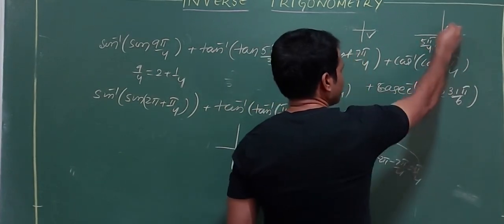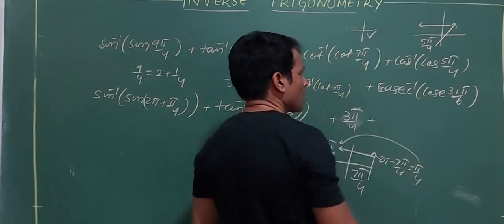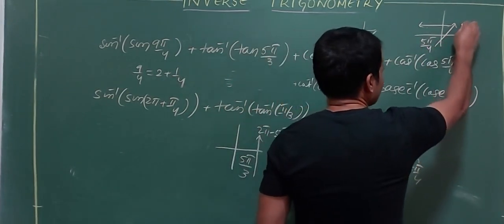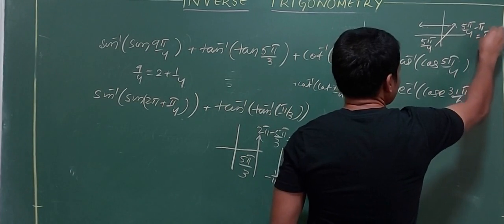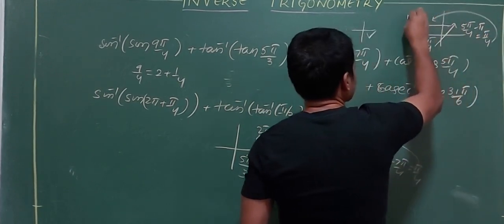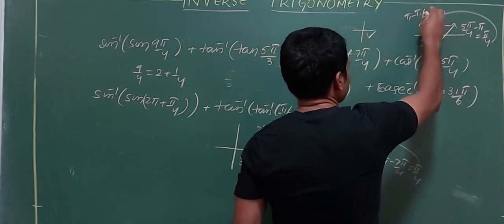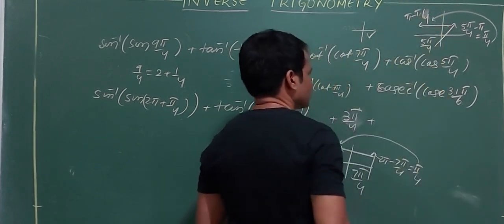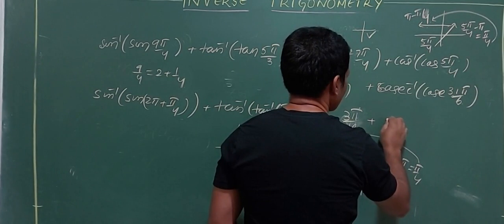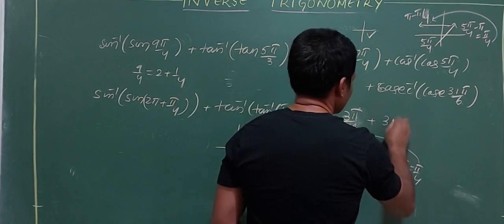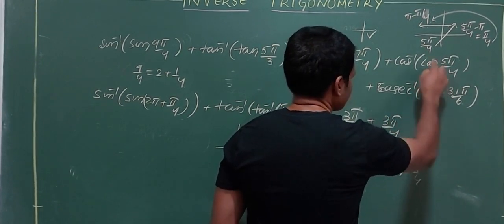Then inverse is negative. How to go from here? Theta minus pi, 5 pi by 4 minus pi, that is equal to pi by 4. Then transfer this value, pi minus pi by 4, 3 pi by 4. That means this value also gives you 3 pi by 4.